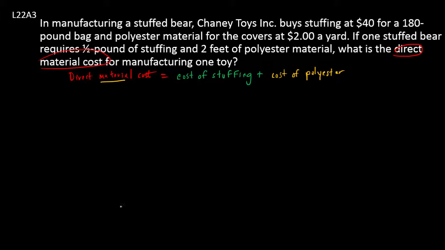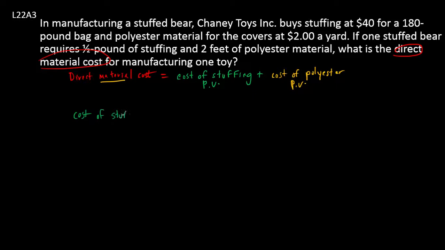And we want to know per unit. So if I want to know the cost of stuffing per bear, I'm going to have to compare how much I'm buying and see how many toys I could make out of that one purchase. So let's look at cost of stuffing.